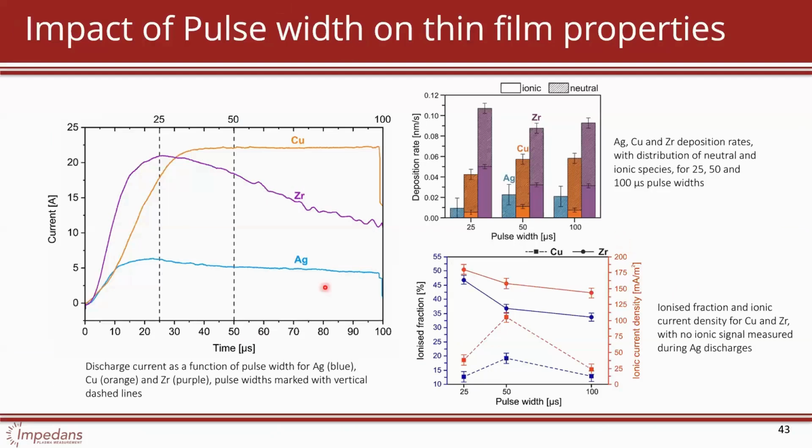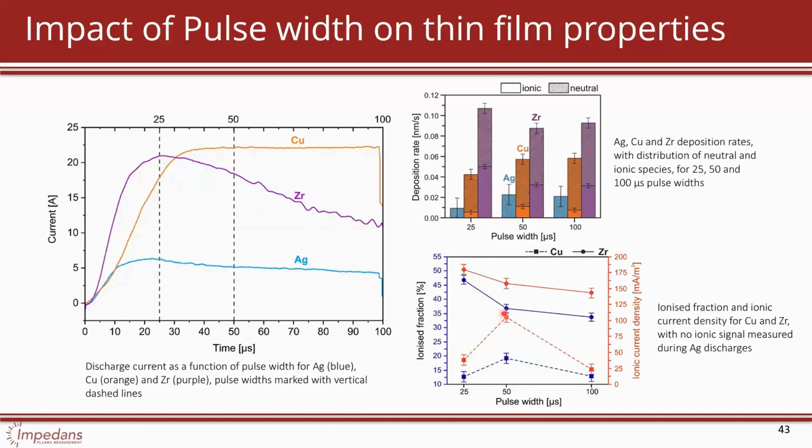Here's another example. So 3 different targets, silver, zirconium, and copper, where by playing with the pulse width, going from 25 microseconds, 50 microseconds up to 100 microseconds, and using the quantum to measure the ionization fraction. For example, for copper, you can see that 50 microseconds actually gave the highest ionization fraction compared to 25 or 100 microseconds.